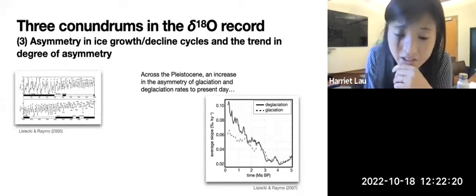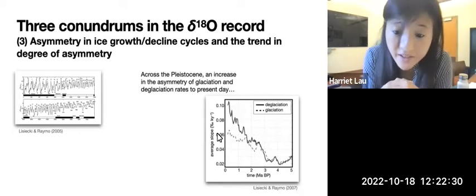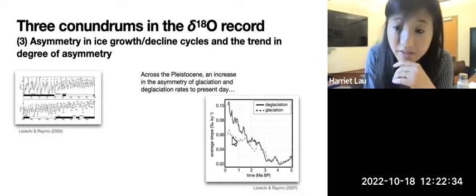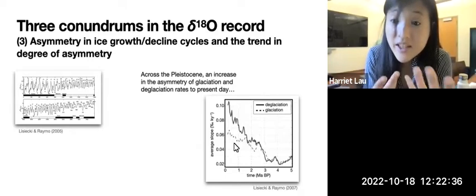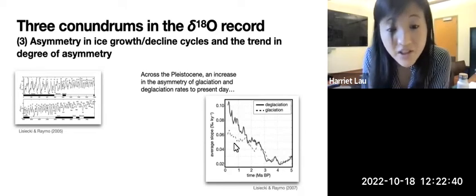This is shown in this figure of rates of ice change, where deglaciation in the black and glaciation in the dashed line start together in the early Pleistocene, but start to diverge, where rates of deglaciation exceed rates of glaciation as we move to present day.